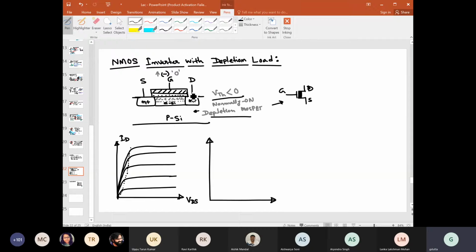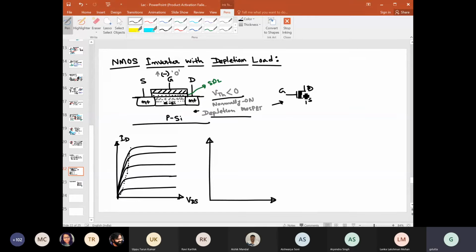In between, you have the silicon dioxide, isn't it? So you are actually not directly connecting the negative voltage with this. You are using the negative voltage to deplete it, right? Is this clear? Yes, Ravi? Yes. Okay.